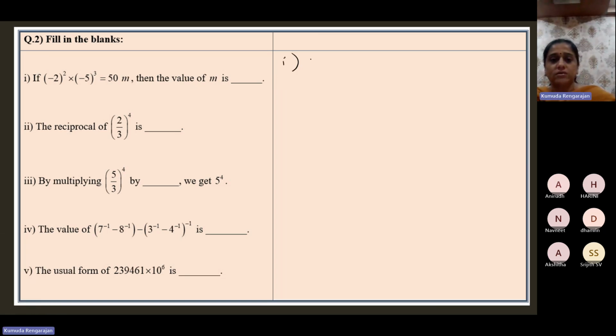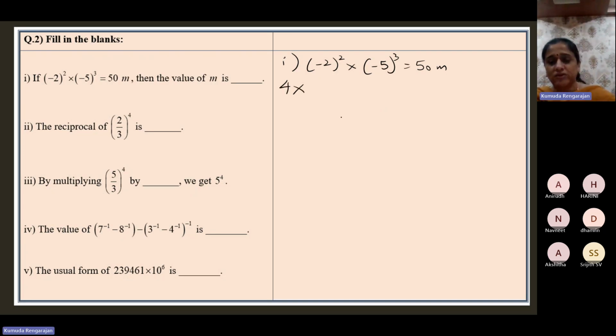So the first one: minus 2 the whole squared into minus 5 the whole cubed is equal to 50m. Now you cannot use any law here because the bases are not the same, the powers are not the same. It's multiplication, but different bases, different powers. So you'll have to actually simplify. So minus 2 into minus 2 is plus 4.